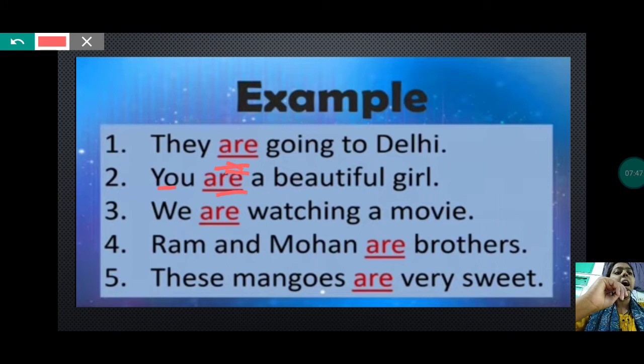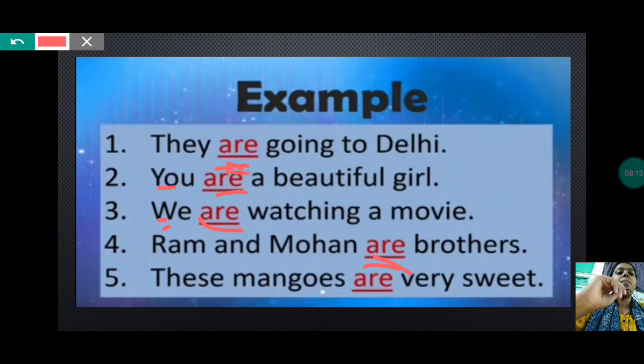Number 3, we are watching a movie. Now we is used for that group where I am included in that group, and we is used for more than one person, so are. Number 4, Ram and Mohan are brothers.